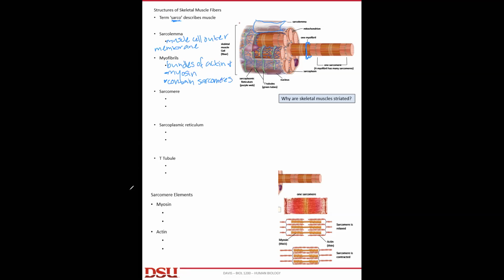All right, so a sarcomere is where muscle contraction happens. Remember we talked about myofibrils on the last page, and that myofibrils are where muscle contraction happens. Well, it's because they contain these sarcomeres, which are the actual site.